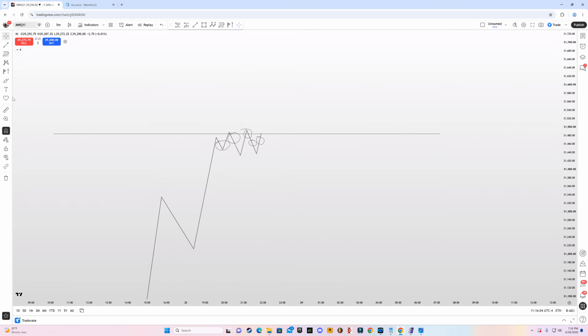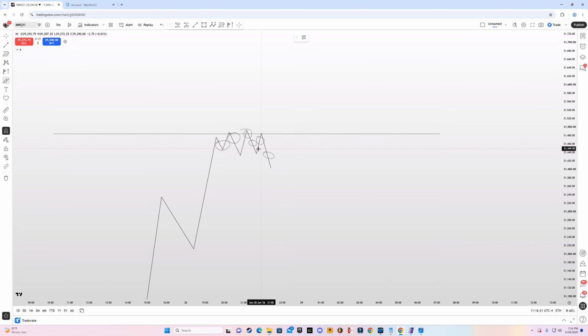Since our bias is bearish, we need to see price, first of all, closing below all these aggressive buyers that we have over here. And then I want to also see aggressive sellers stepping in here that get a follow through. So if we see aggressive sellers within the body of a bearish candle, that is a follow through.